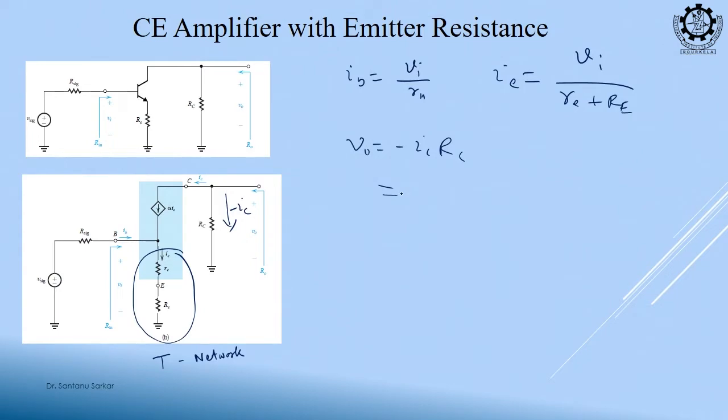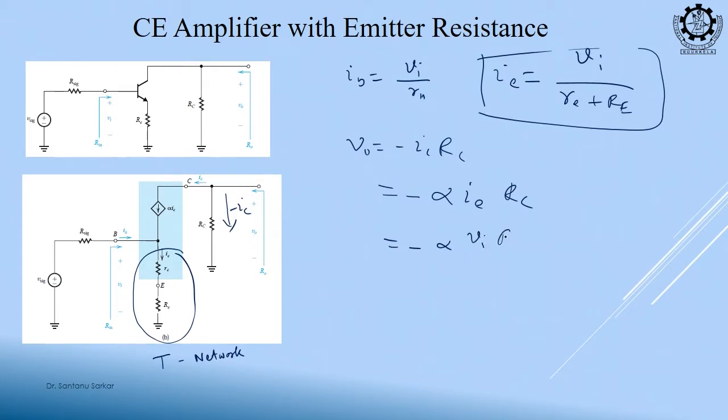Write IC in terms of IE, because we are calculating IE. IC in terms of IE is alpha IE, so minus alpha IE RC.